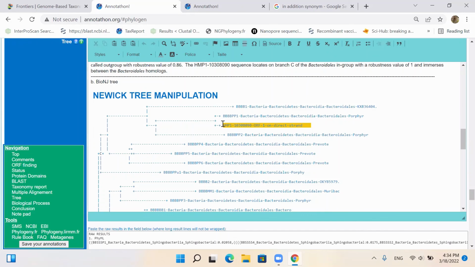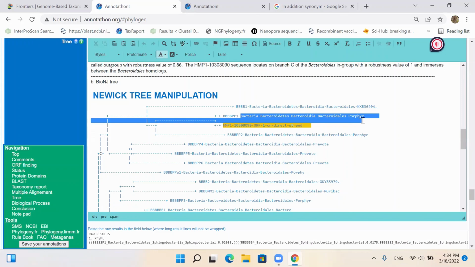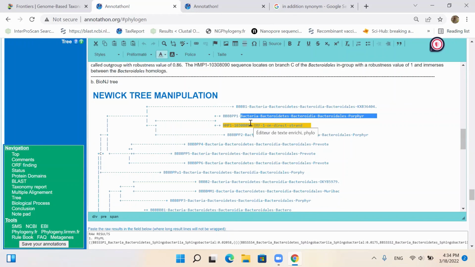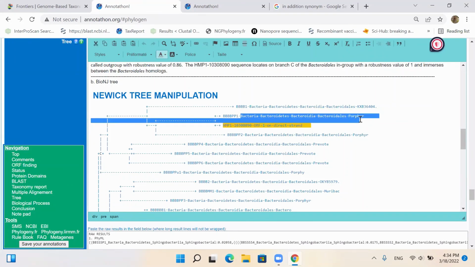So in here, my ORF sequence is on the same branch with this one. So can I predict that my ORF comes from this bacterial Porphyromonas?